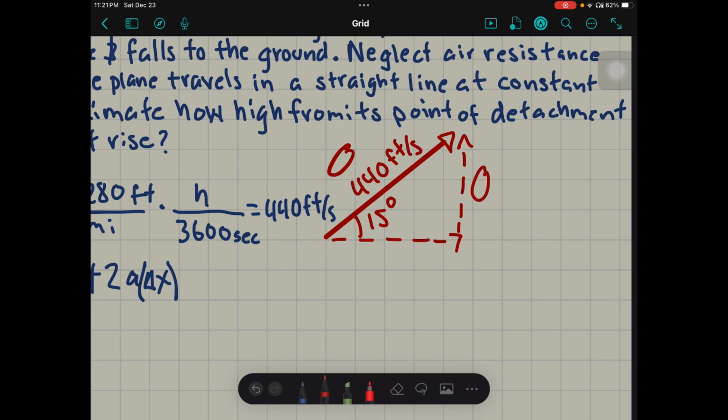We're going to do 440 times sine of 15, and we get 113.88 feet per second. Now, just a tip, make sure your calculator is in degrees, and you should be good.